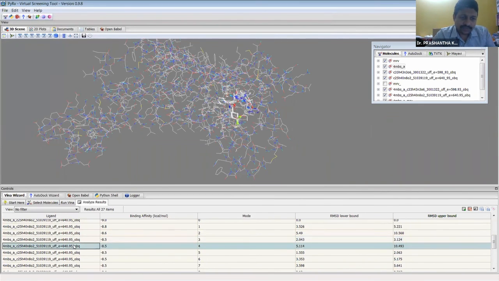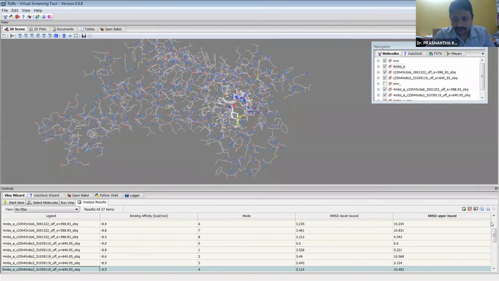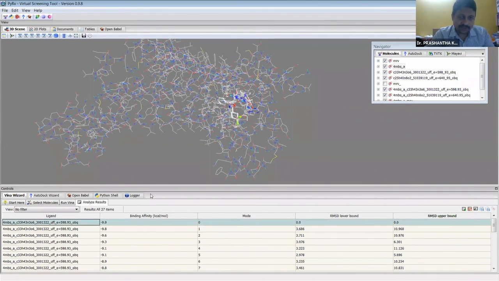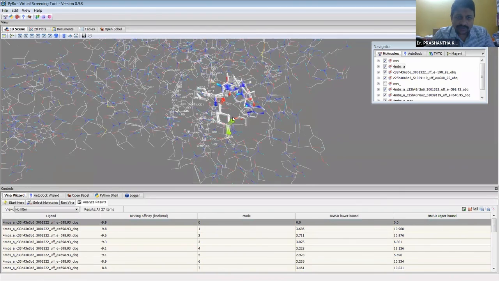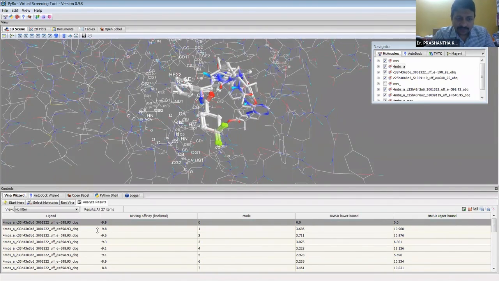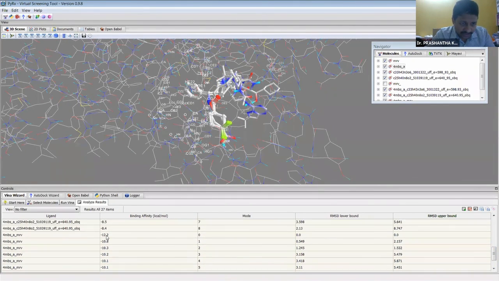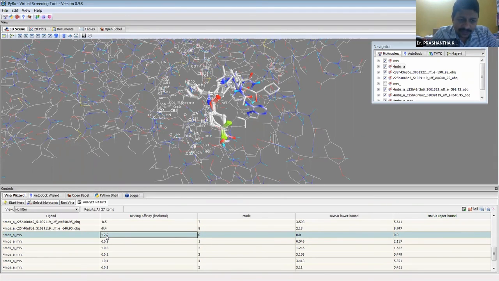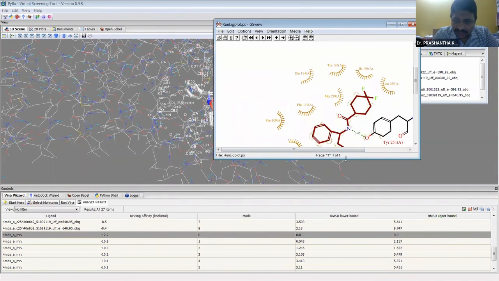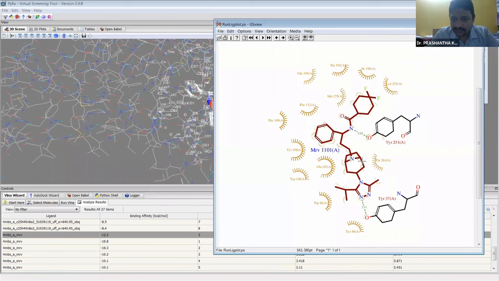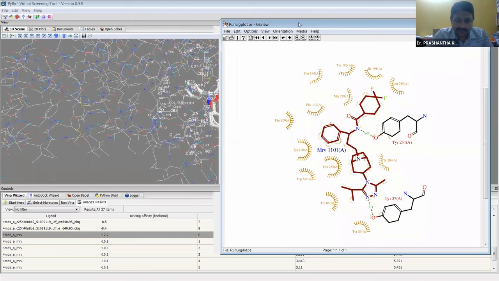Maybe tomorrow I will show you how we can generate the LigPlot, and how we can decide whether the conformation of the Maraviroc with the minus 12 energy has the same interaction as this, or whether it is different. That is the post-docking analysis that we will do tomorrow.